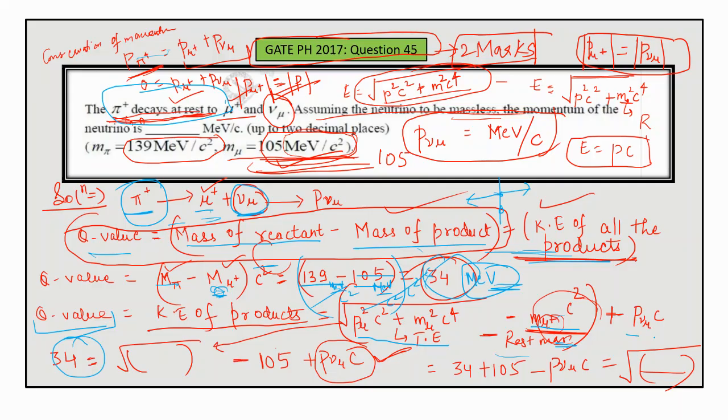And this is the kinetic energy of this neutrino. Kinetic energy of only the products, yes, because on the left hand side, if you see, this is at rest. So obviously it will have zero kinetic energy.